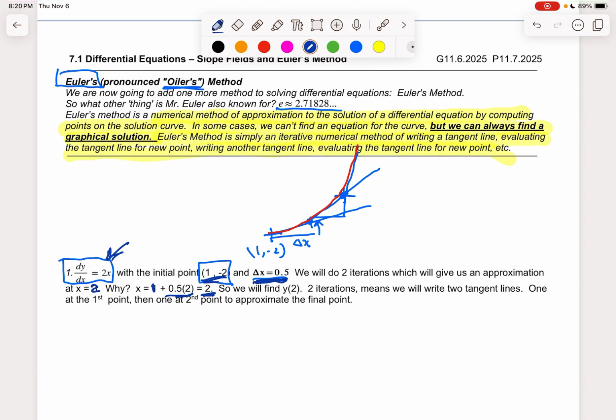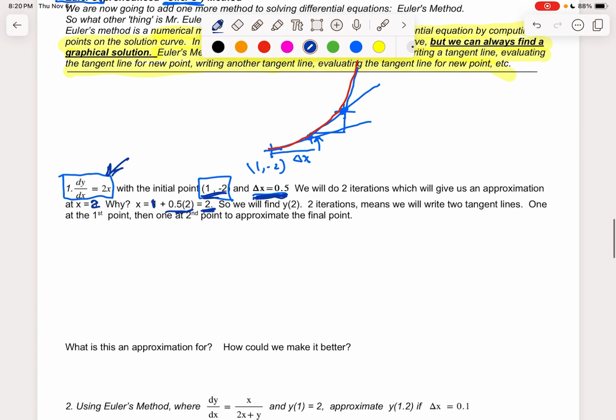So we're going to find y of 2, and 2 iterations mean we write 2 tangent lines, 1 at the first point, then 1 at the second, to approximate the final. Our slope at any point, dy/dx, is 2x, and our initial point is (1, -2).